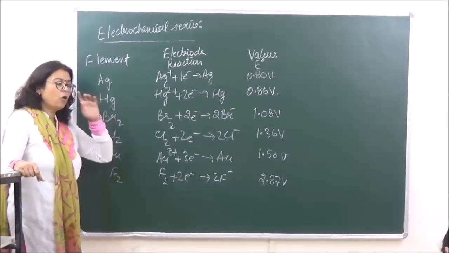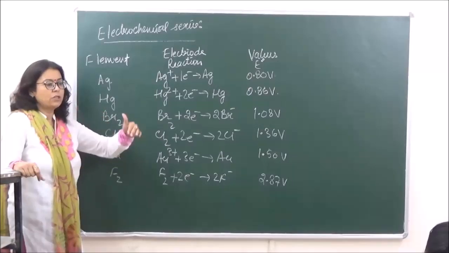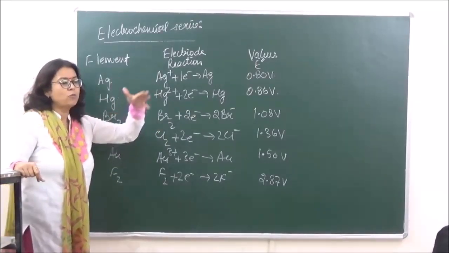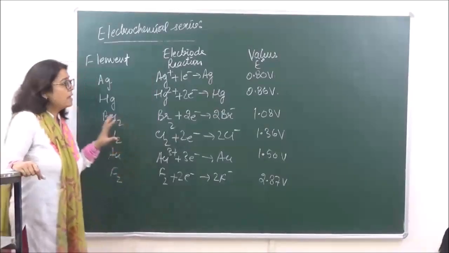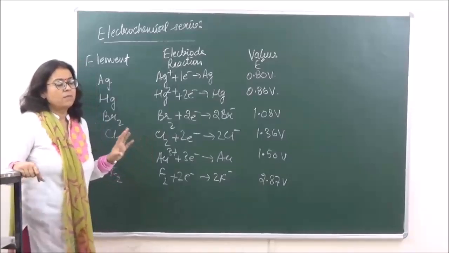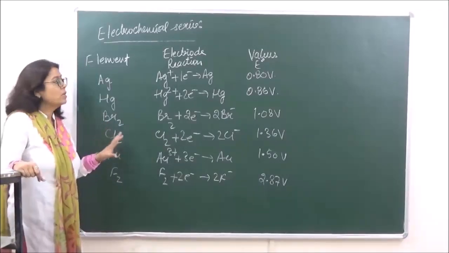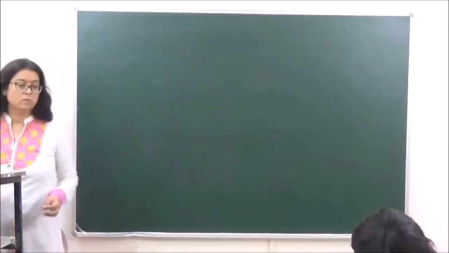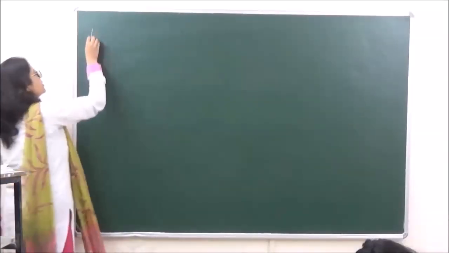So we are starting from a lower reduction potential to a higher reduction potential, starting from negative to 0 to positive. Now this electrochemical series has varied applications in chemistry. So let's go on to the applications of electrochemical series.